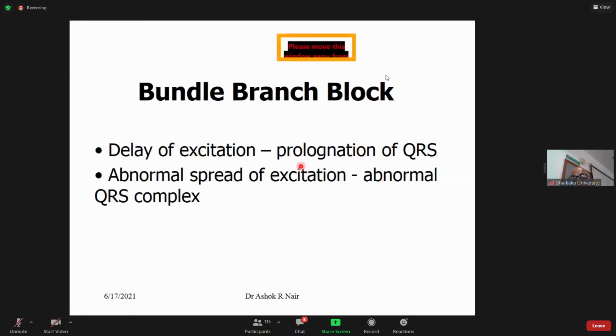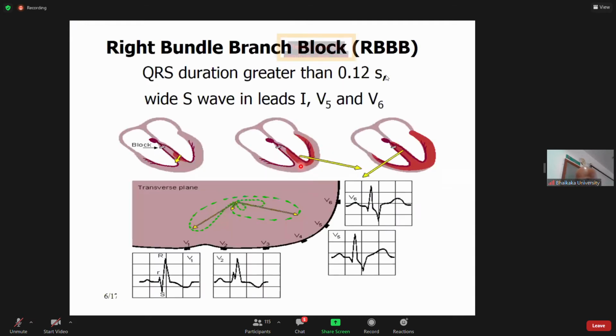The bundle branch block is another condition where you have right bundle branch and left bundle branch. So if there's a block in either right bundle branch or left bundle branch or the septal branch or fascicular, conduction path will be affected. Let's take an example. Suppose this is a right bundle branch.